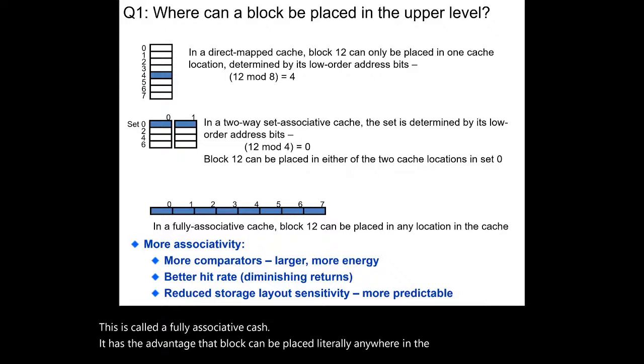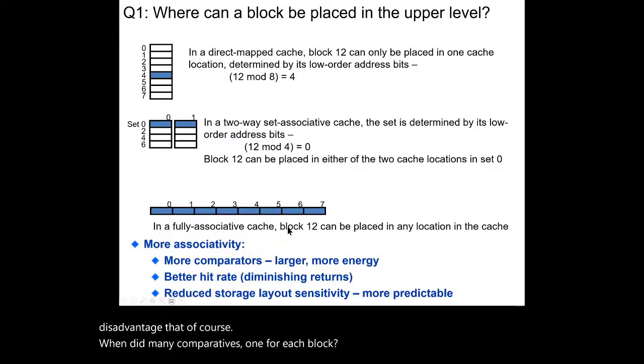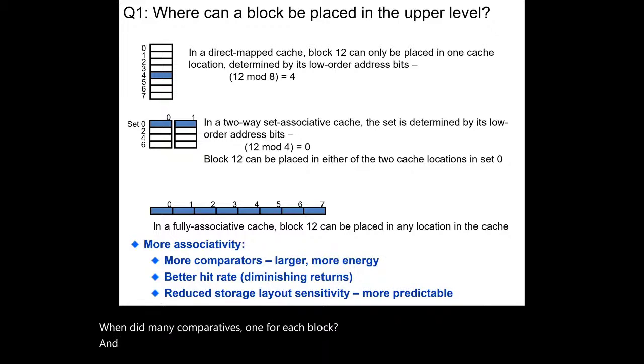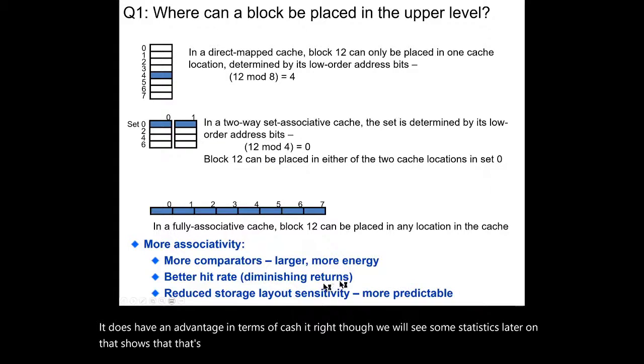It has the disadvantage that, of course, we need many comparators, one for each block, and it may therefore use more transistors and more energy as well. It does have an advantage in terms of cache hit rate, though we will see some statistics later on that show that the returns diminish after a while. A little bit of associativity helps a lot. A lot of associativity doesn't help quite so much.